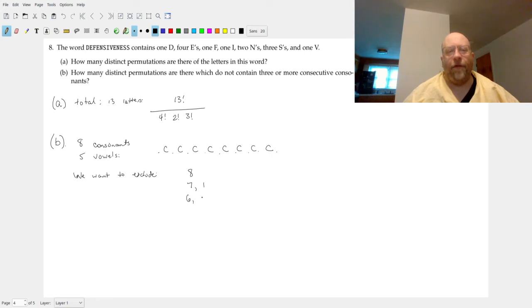Six of them together and two of them are somewhere else, or six, one, and five and three, five and two and one, five and one, four and four, four and three and one, four and two, four and four and two and two.